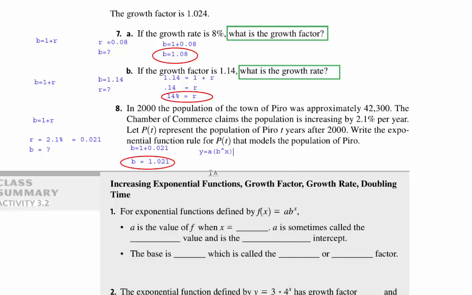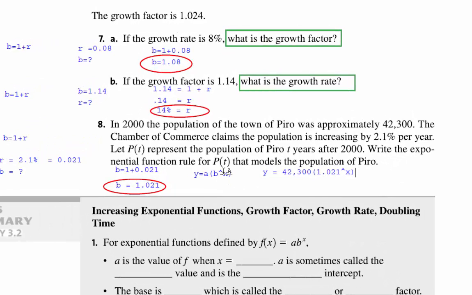So my A is 42,300. I can write y equals 42,300 times my B, which we've already determined to be 1.021, raised to the x. So that's my equation.